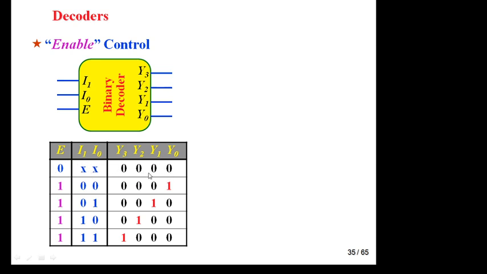You can see here there is no 1 in any output. This is your active high decoder. In case of an active high decoder, it will only work if the enable line is 1. This must be 1.